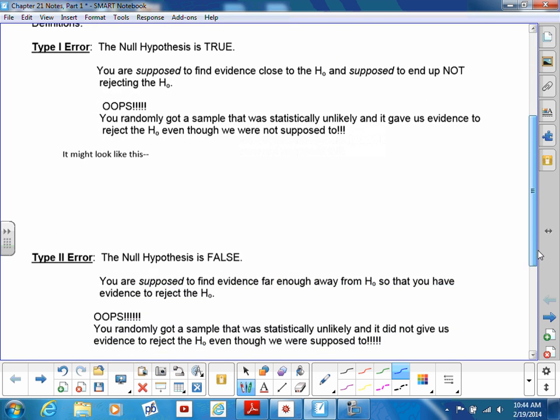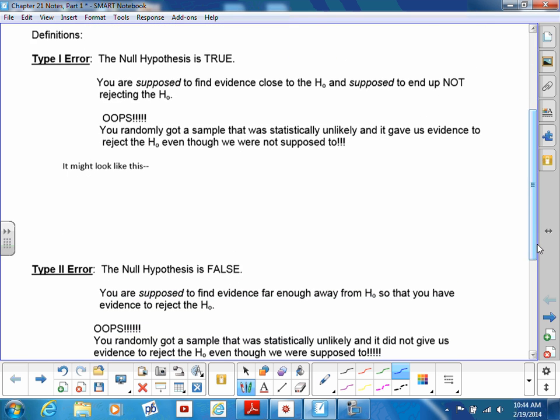I want to talk about those definitions at the same time because they're very similar, so let's get them straight in our mind. With a type 1 error, the null hypothesis is true. So we're actually going to draw a picture of that as we go along. You never really know this, but a type 1 error occurs when the null hypothesis is true.